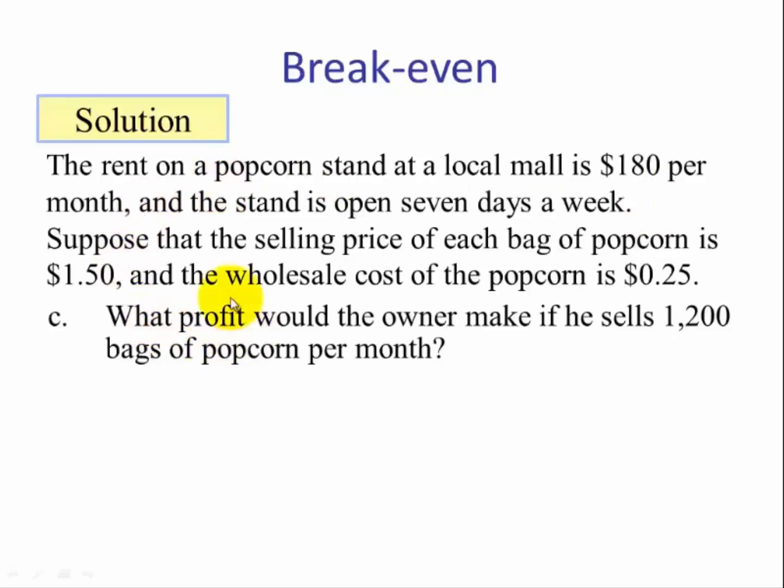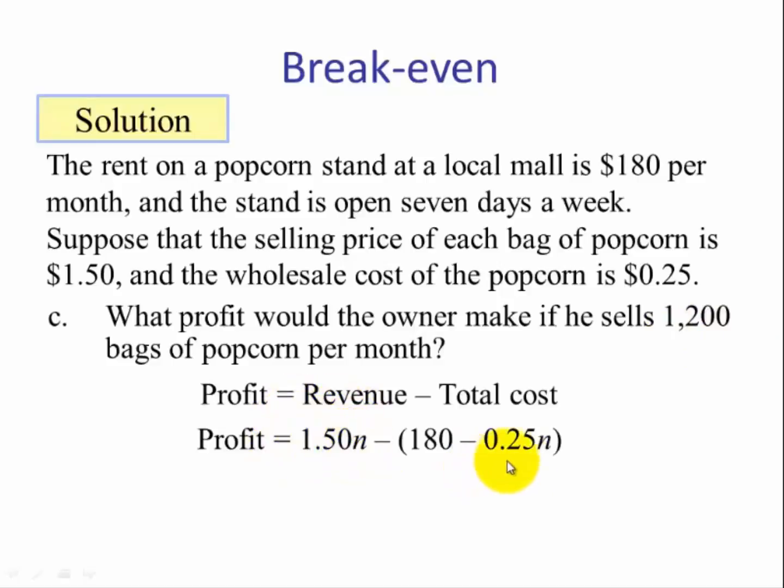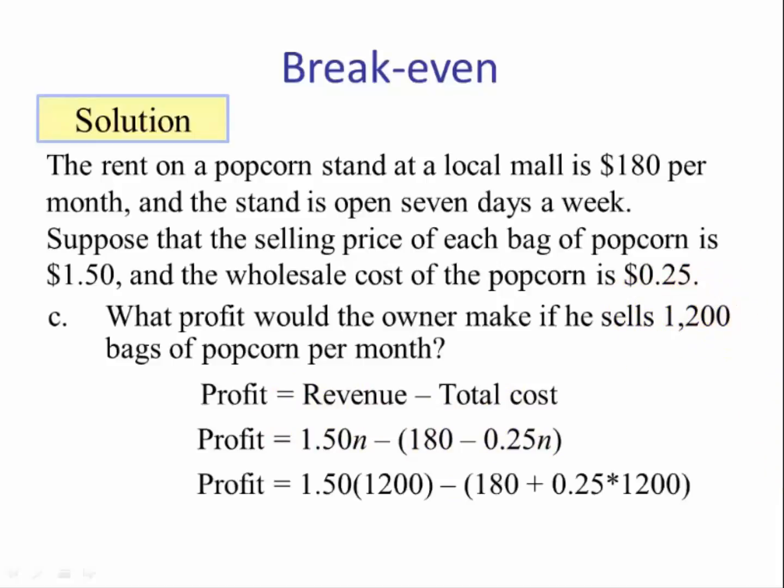C. This time we want to calculate the profit given N is 1200. Again, using the profit formula. So we have our revenue, we have our total costs. This time we know that N is 1200, so we substitute those in. Following the order of operations, we multiply these two numbers.